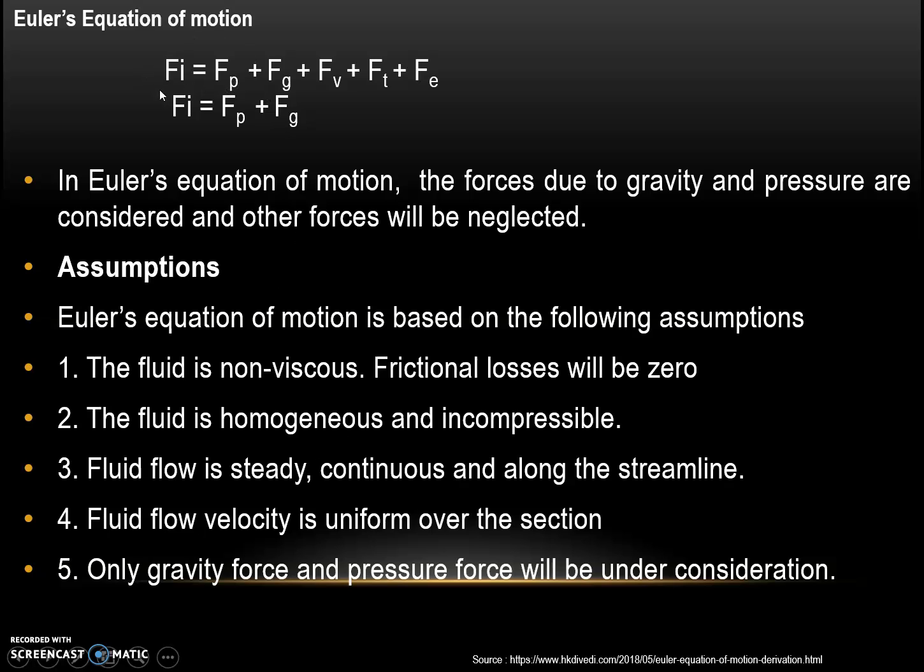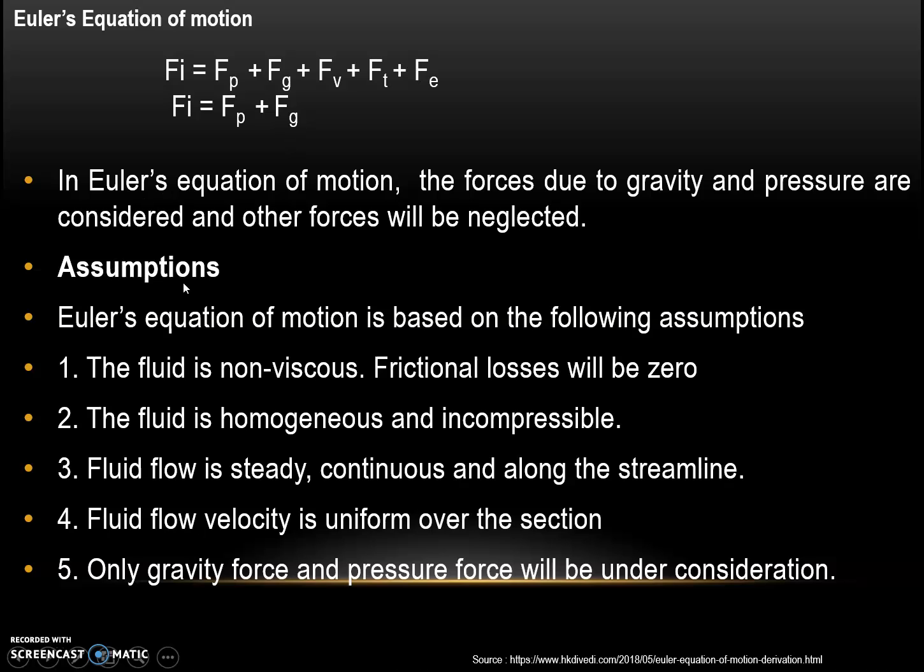So the total force Fi is the summation of Fp, Fg, Fv, Ft and Fe. Here the forces due to pressure and gravity are predominant, hence other forces are neglected. So Fi is equal to Fp plus Fg.